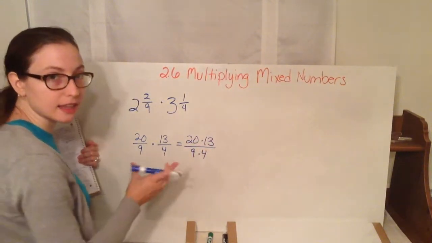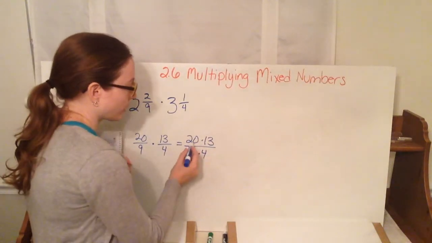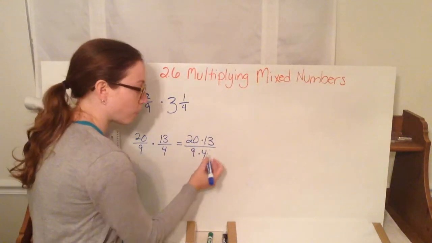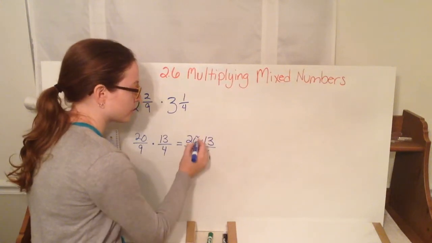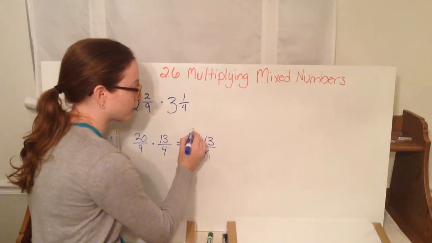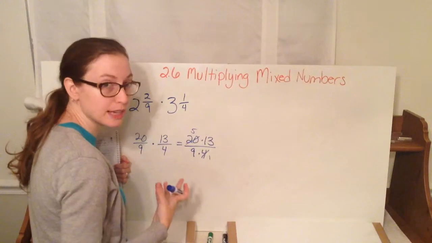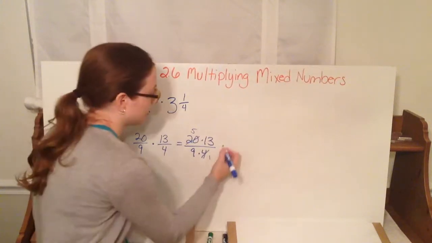Hopefully you can see that things will reduce here. 20 and 4 have a common factor of 4. 4 becomes 1 when I reduce by 4. 20 becomes 5 when I reduce by 4. Again, reducing means to divide by.